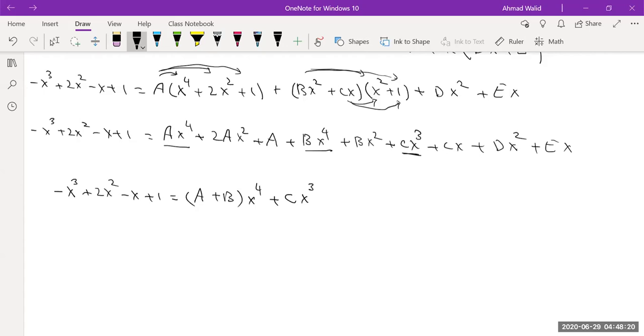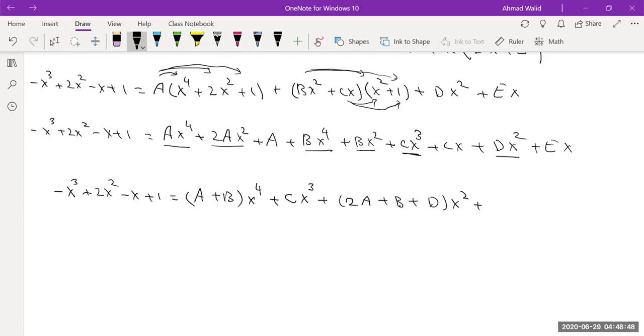After cube, I'll deal with x squared. I have 2ax squared here, I have bx squared here, and I have dx squared here. If I factor x squared, I'll end up with 2a plus b plus d and x squared common.